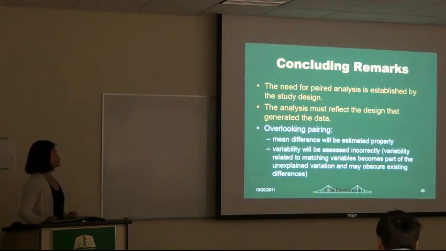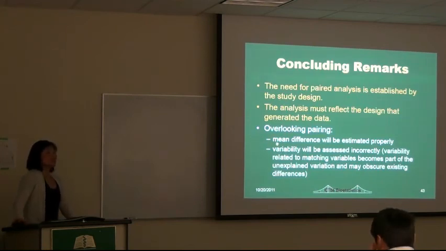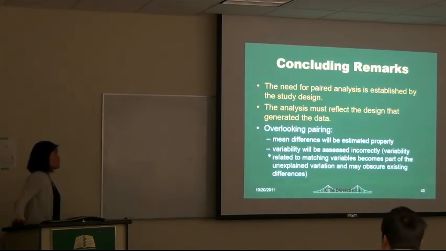So what if you overlook the pairing? In the paired t-test, if you overlook the pairing, you obtain the same mean difference, right? So the difference itself is the same as if you ignore the pairing, as if you use the paired t-test. But the between-subjects variability is what you use to estimate the standard error of the difference.